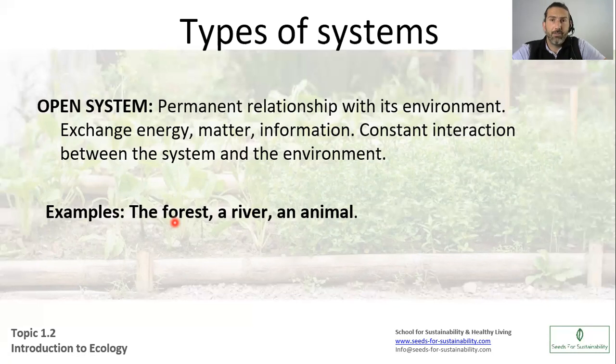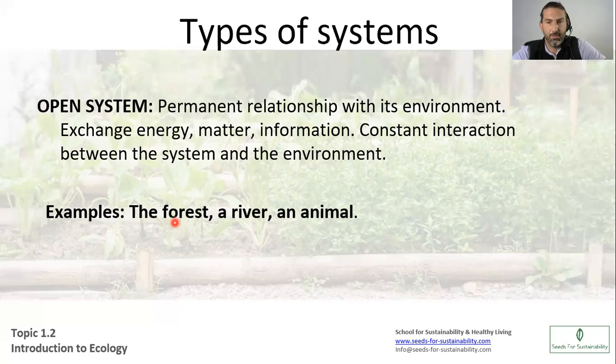Now we see there are different types of systems. We divide between open, closed, and isolated systems. The open system has a permanent relationship with its environment, exchanges energy, matter, and information, and has a constant interaction between the system and the environment.